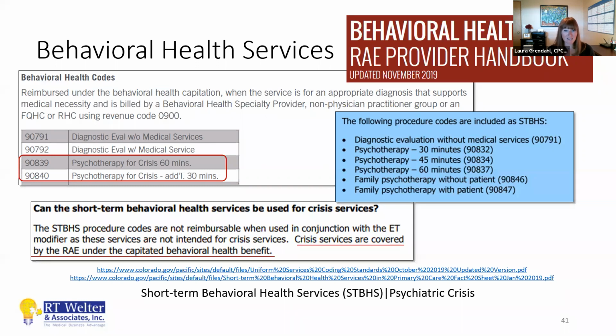In these instances, there are 2 options for accessing additional services. The first is a PCMP that has a licensed behavioral health clinician who is contracted as part of a Regional Accountable Entity, or RAE, behavioral health network, and may submit claims to the RAE for reimbursement of additional visits beyond 6 during the state fiscal year.